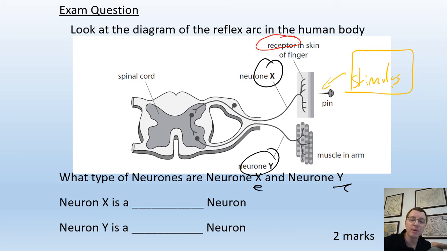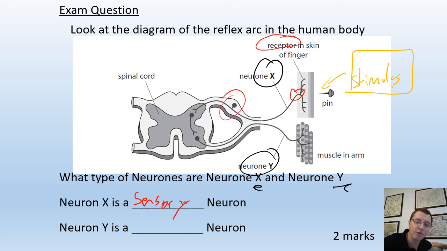Following on from the receptors, we then need to send an electrical message along the sensory neuron. So X must be a sensory neuron. There's a couple of ways we know that, because it's linked to the receptor cells here, and also we can see that the cell body is off to one side.